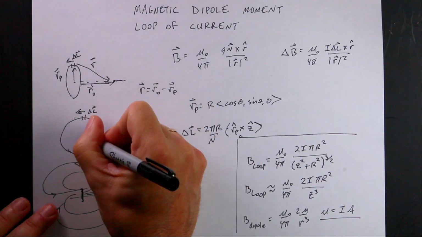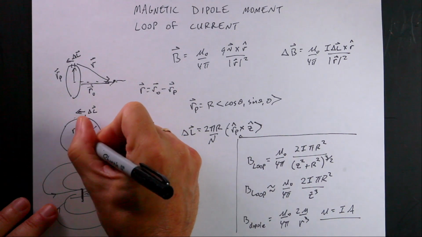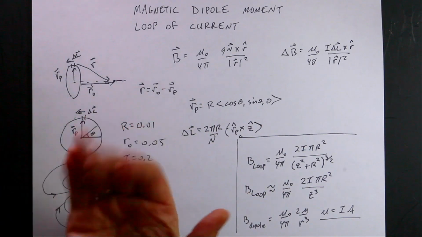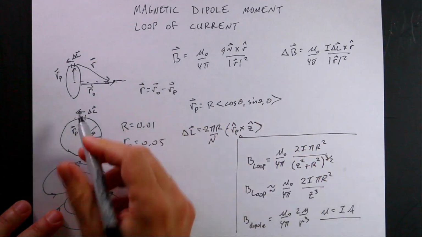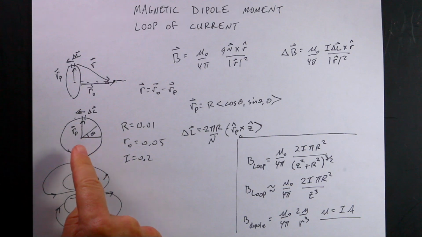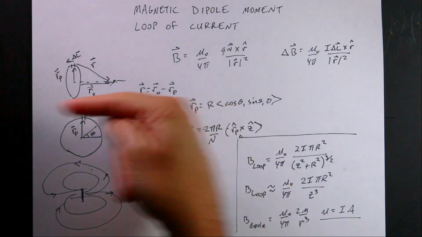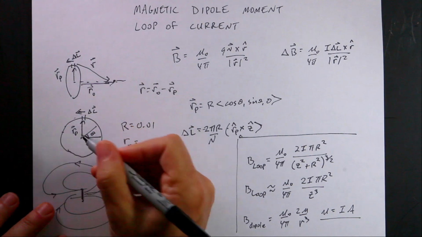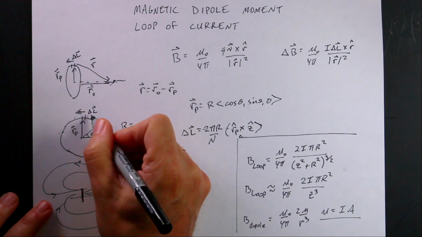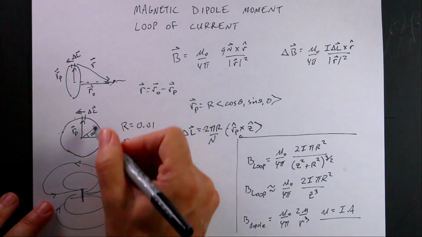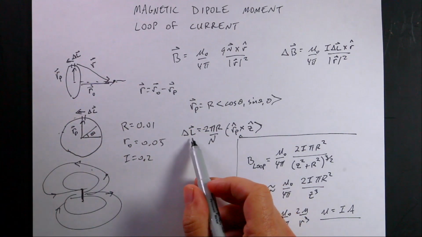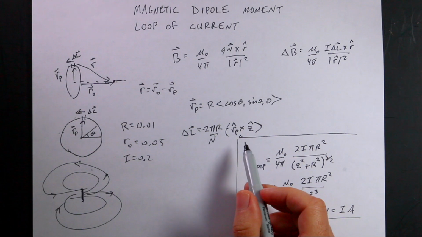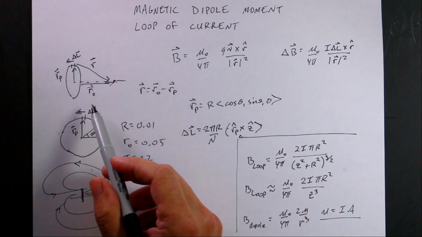Because if I have RP right there, and let's say Z is out of the board, RP cross Z would be, let's do negative in this case, that way, using the right-hand rule. As I move RP over here, delta L is always going to be perpendicular to RP and Z, so it will give me the correct direction by using the cross product. And that's a little trick, right?